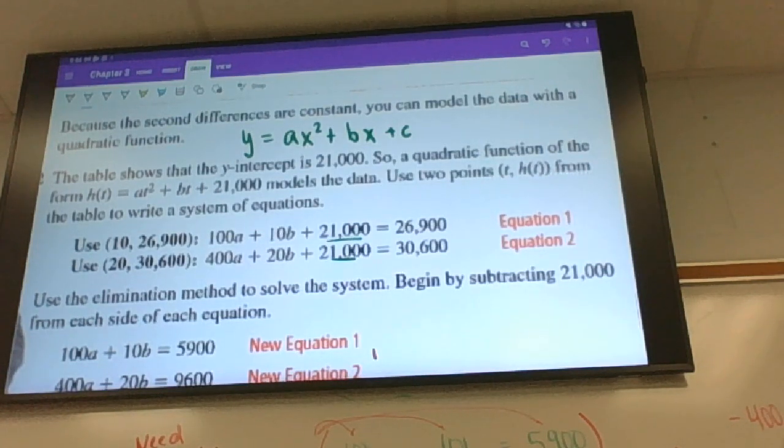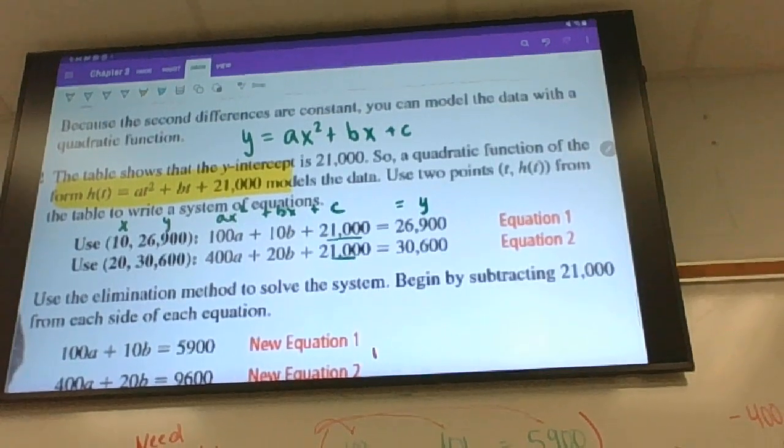For the equation that it's using, where h of t equals at squared plus bt plus 21,000, the reason I used 26,900 is because that was the height at 10. You guys hear that? So this is just an ordered pair from the table.